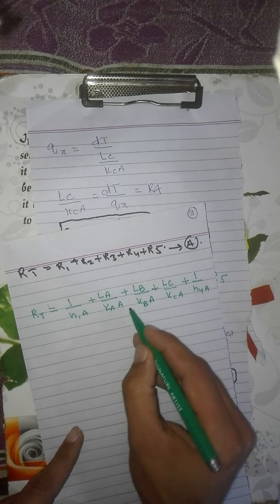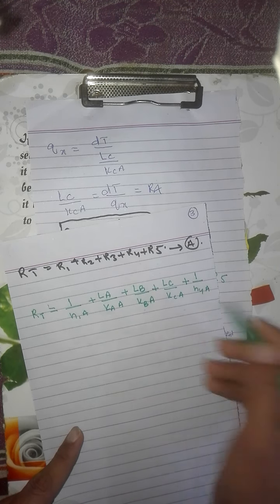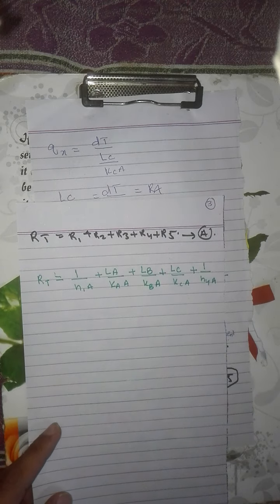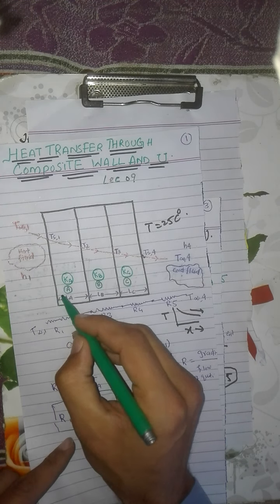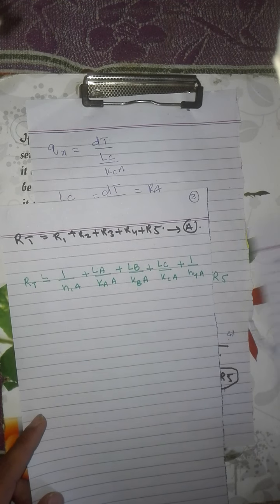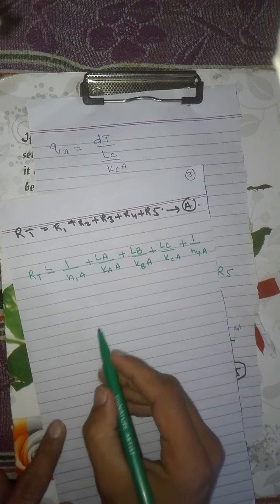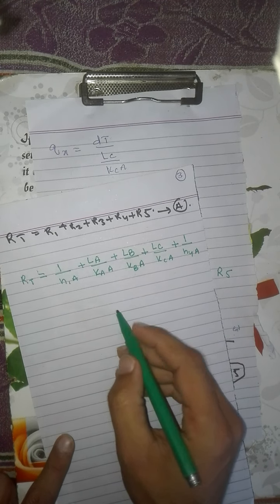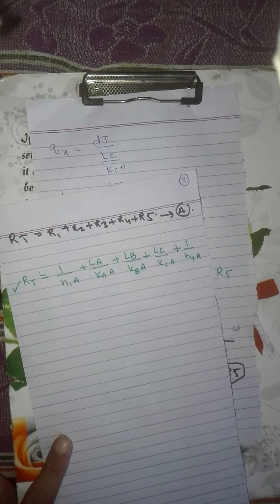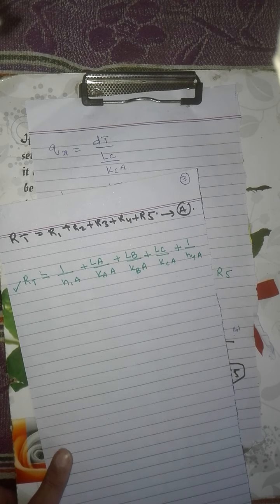We assume that the area is the same for all walls, that the cross-sectional area of all walls is similar. So this is the overall resistance provided by the walls and the fluids to the heat transfer.